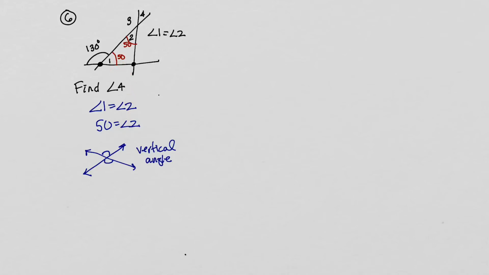We started with 130, that gave us this is 50, but then angle 1 and angle 2 were the same, that was given, so this is 50. Now look at this angle 4, that's a vertical angle. 2 and 4 are vertical angles, so this is 50, angle 4 is 50. So let's just write that then. So angle 4 is equal to 50 degrees.